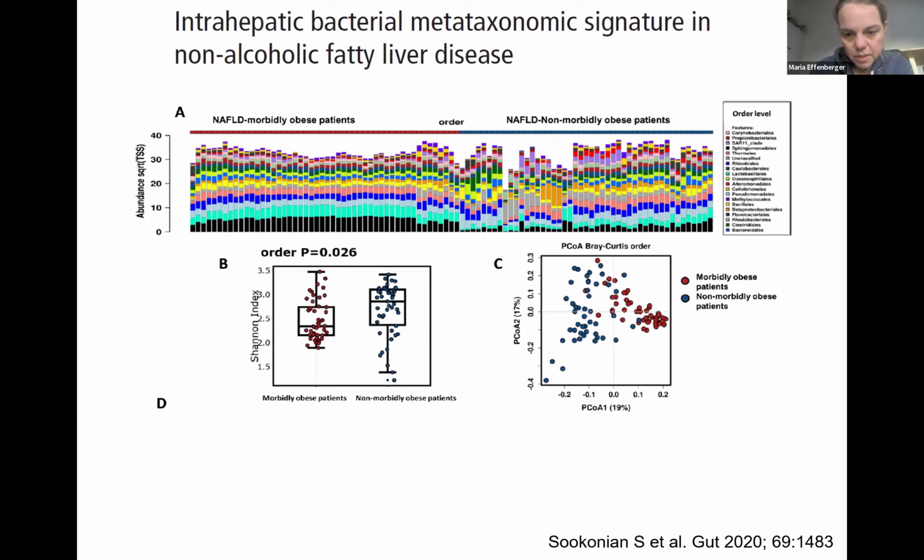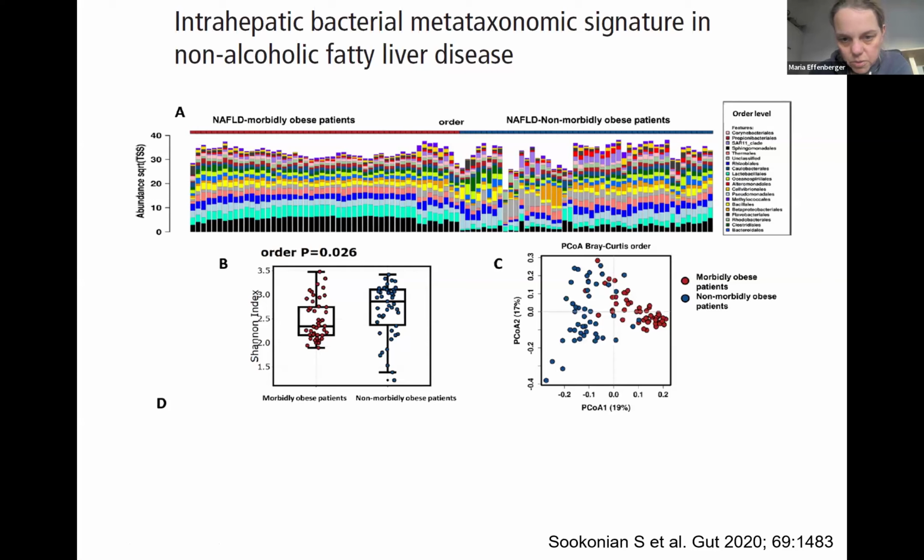And this is another study which is also highly published, showing that it is a difference if you have patients with fatty liver who are morbidly obese, which is the main part of these patients, and not morbidly obese patients, showing here that you have a significantly different microbial analysis.